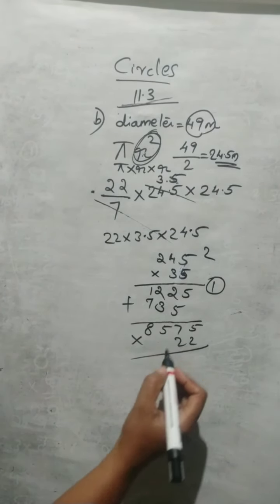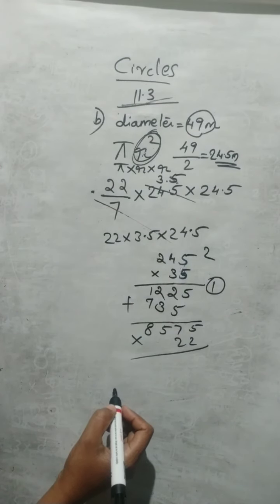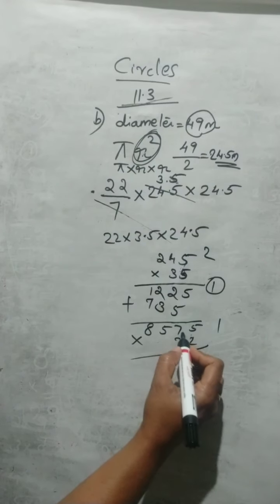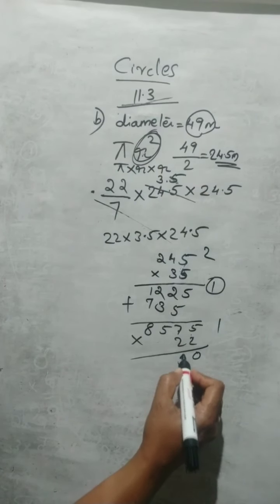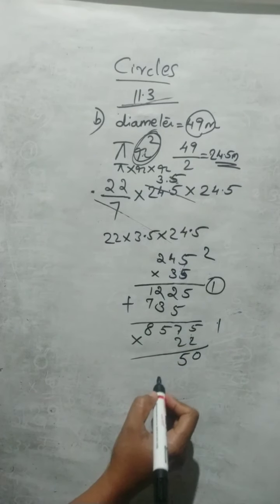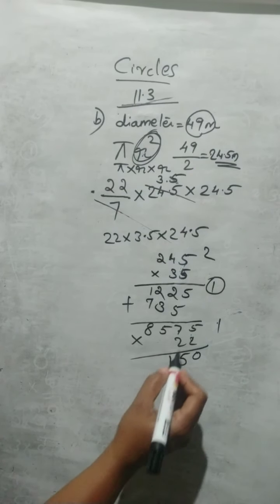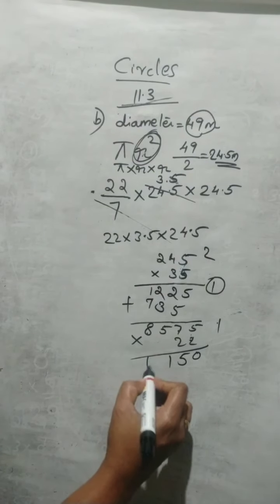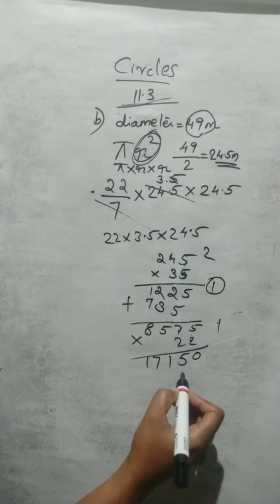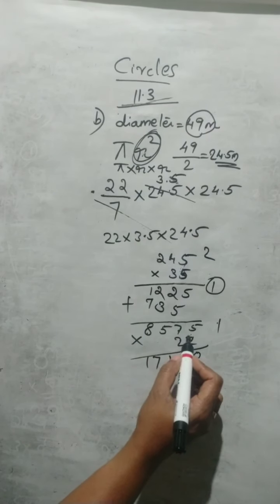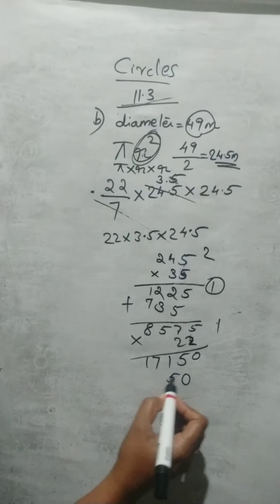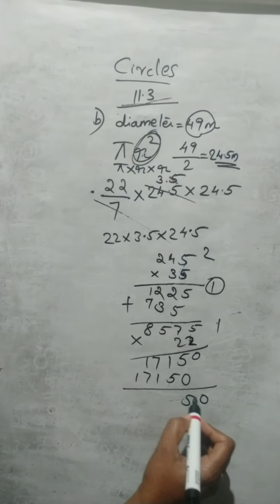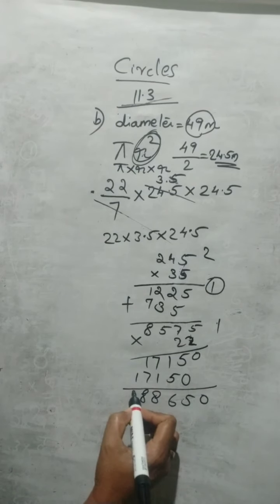Then 10, 1 will be there, 14 plus 1, 15, again 1, 10, 10 plus 1, 11, here 1, then 8 times 2, 16 plus 1, 17. The same answer will be here down also because we are multiplying by same number itself. 5, 1, 1, 7, 0, 5, 6, 8, 8, 1.